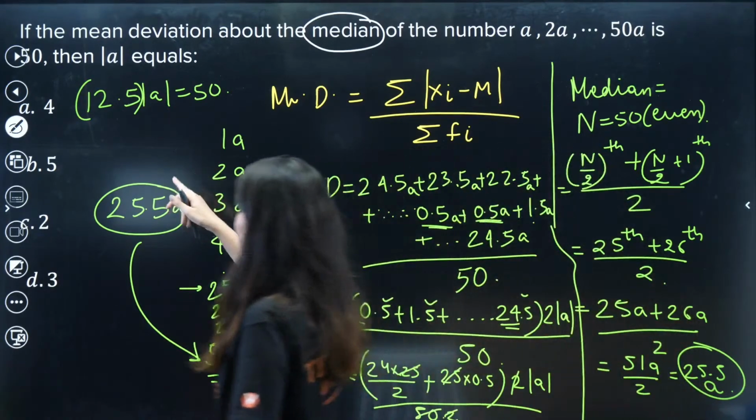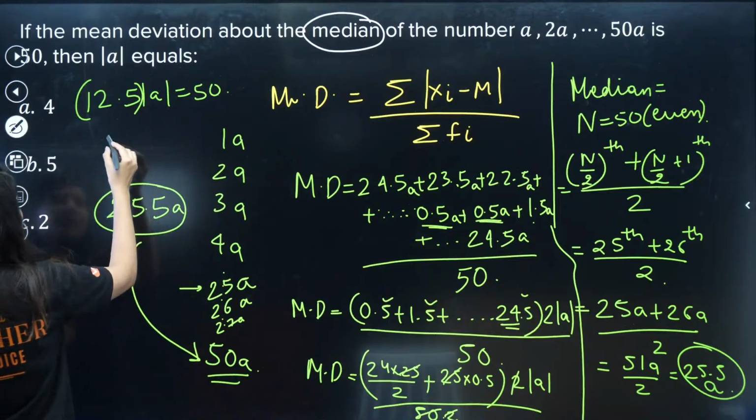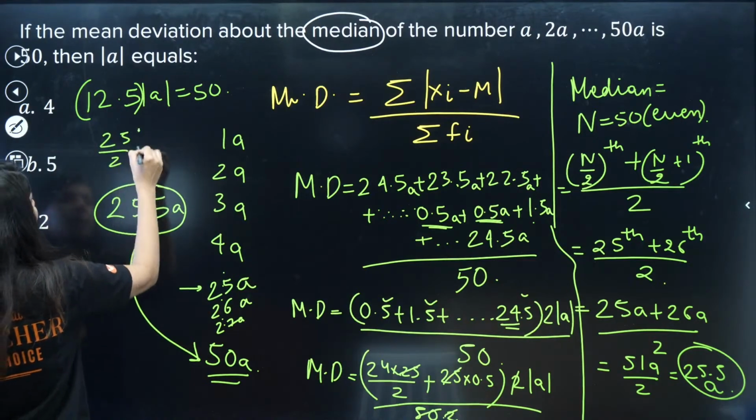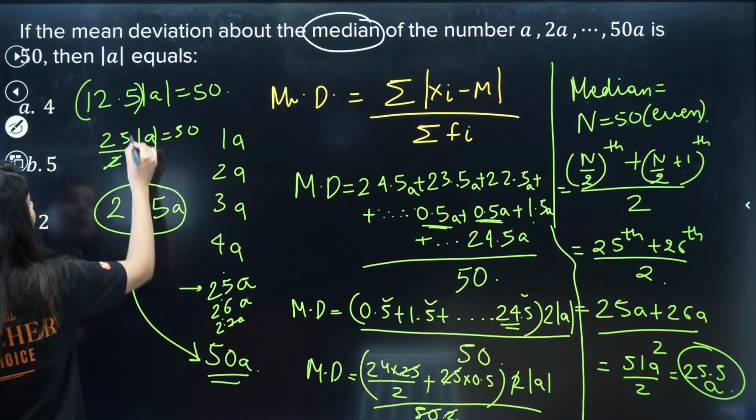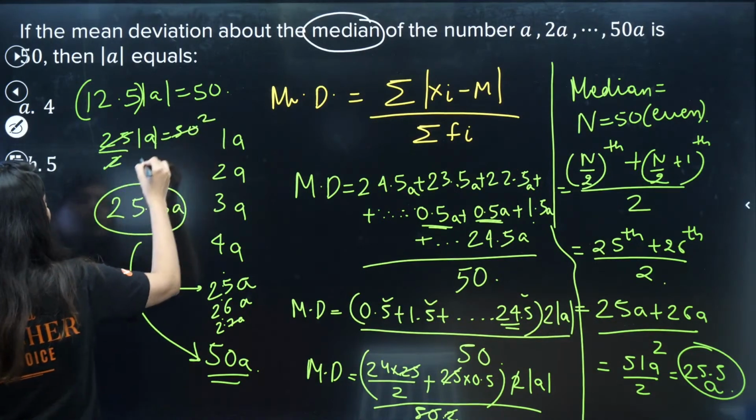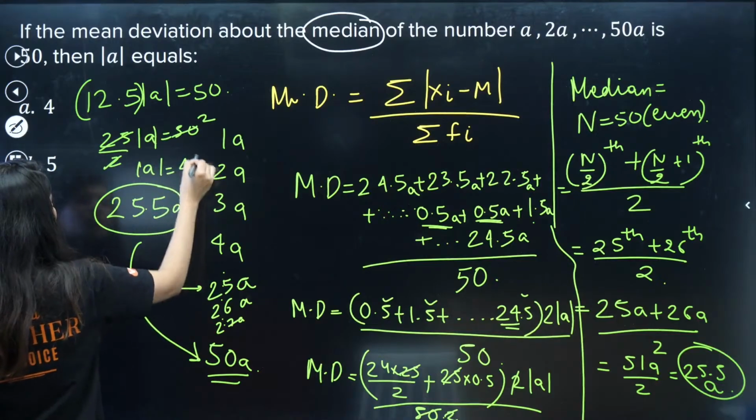12.5 is 25 by 2. So this is 25 by 2. Mod A is equal to 50. So this would be 25 over 2. So mod A is coming out as 4.